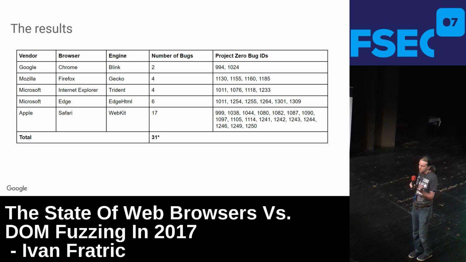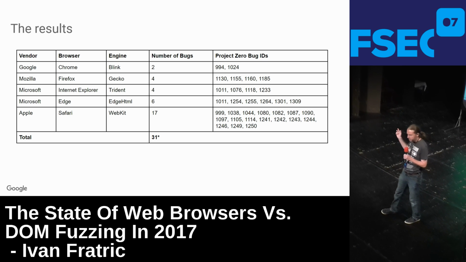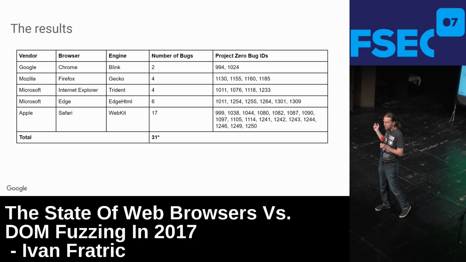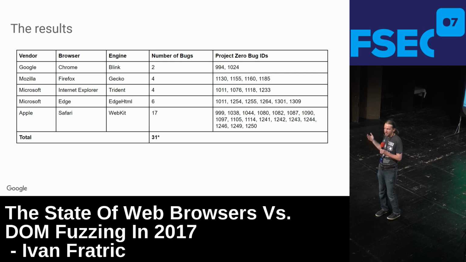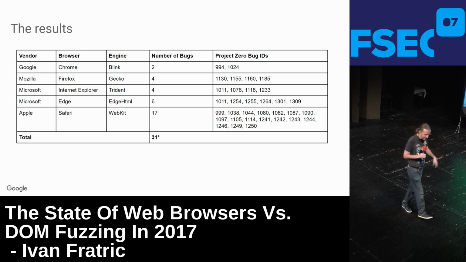Also, the differences between the browsers are quite small. So you really can't say that one browser did worse than the other because one browser had 2 more bugs, because that difference is just not statistically significant. So please don't make such claims based on my talk.